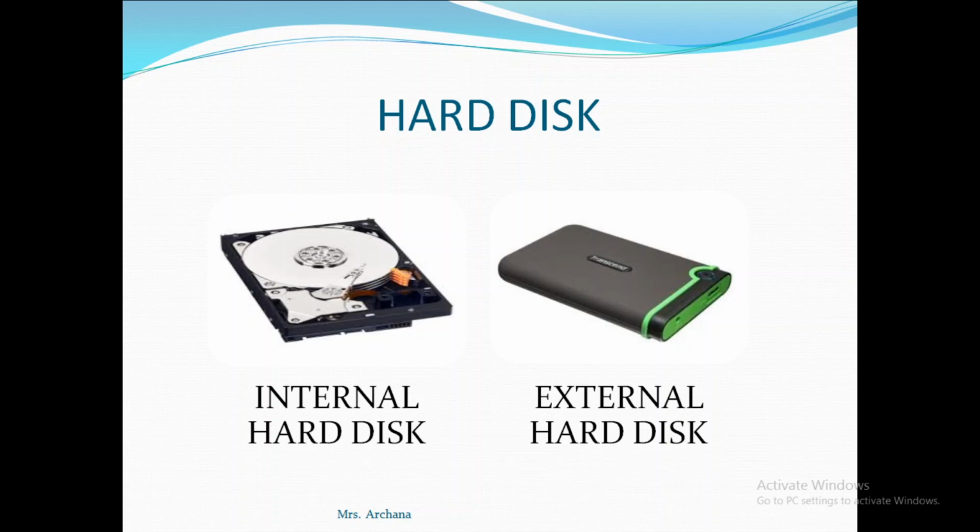TB means terabyte. It is of two types. One is internal hard disk, another is external hard disk. The internal hard disk we will find inside the CPU, and the external hard disk is generally carried from one place to another place. We can connect this with our CPU.